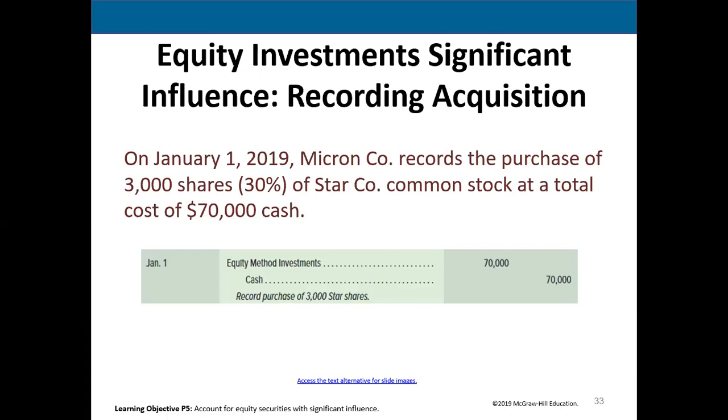It's a stock investment, but we're using the equity method to do the accounting. We always debit that account for the cost, $70,000. So on the debit side of my T account, I have $70,000, credit cash. So this is Micron. Now Micron owns 30% of Star.